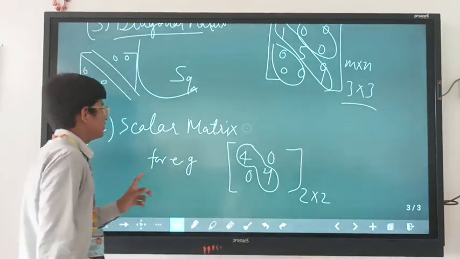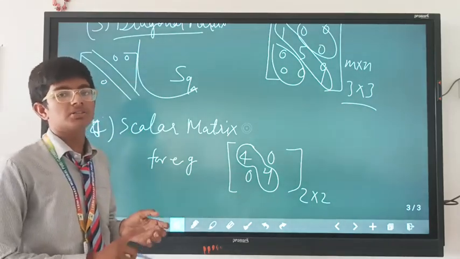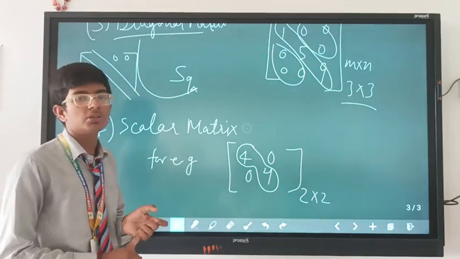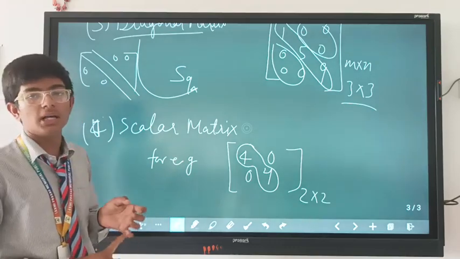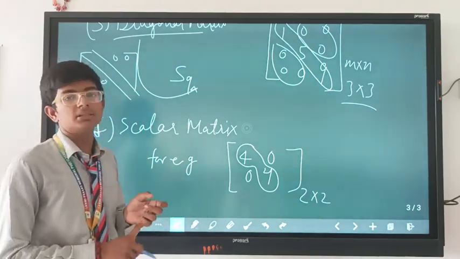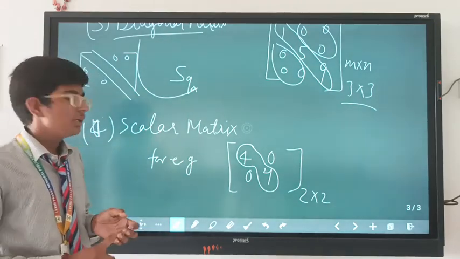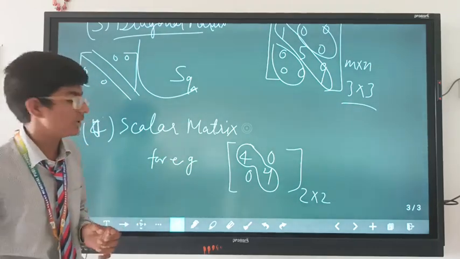So a scalar matrix is also a diagonal matrix. It is not necessary that every diagonal matrix is a scalar matrix, but every scalar matrix must be a diagonal matrix.